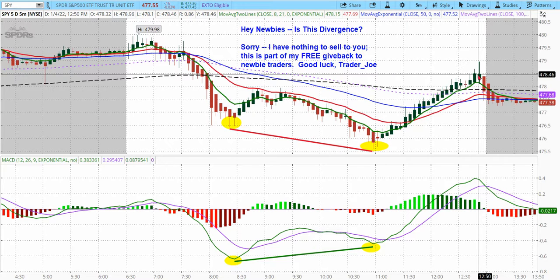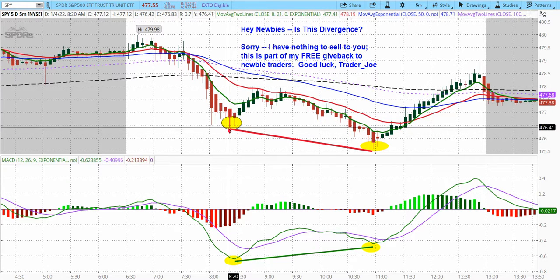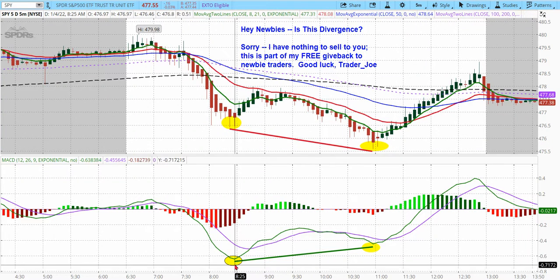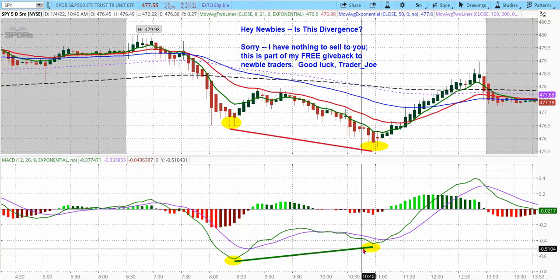But you have to keep your eyes out for divergence. Where is price diverging from the indicator? Price is going down, yet the indicator is telling you, it's sort of like an alert notification saying, hey, don't get faked out.